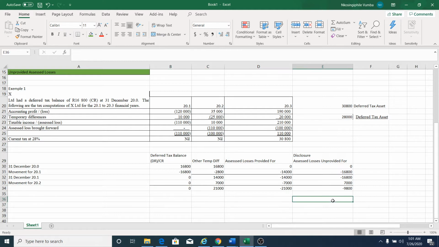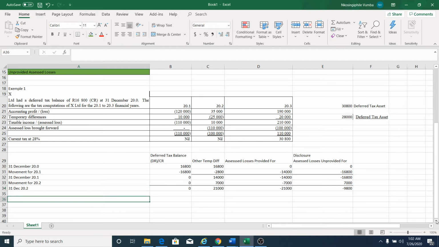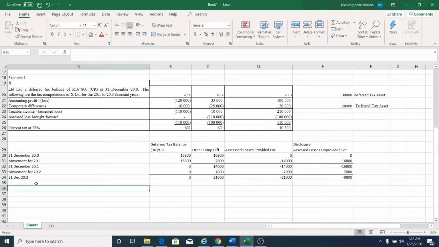Okay, now because this was the movement for 20.2, this means it is the 1st December 20.2. Now we need to have the movement for 20.3. Now let's look at 20.3.